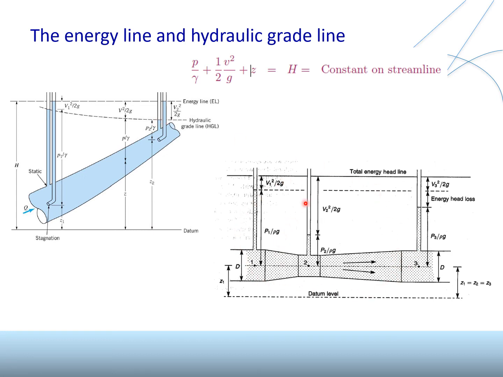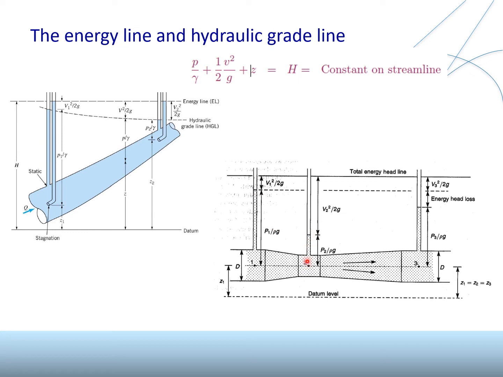Same in this figure here. The total head is the summation of all the three, and the hydraulic grade line is the line that connects only the elevation head and pressure head. So if you draw a line here, connecting this point, and here this hydraulic grade line would be here.